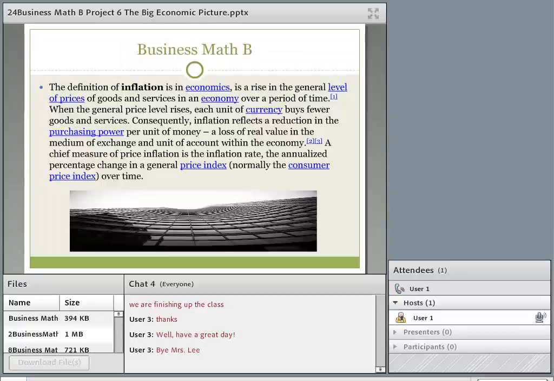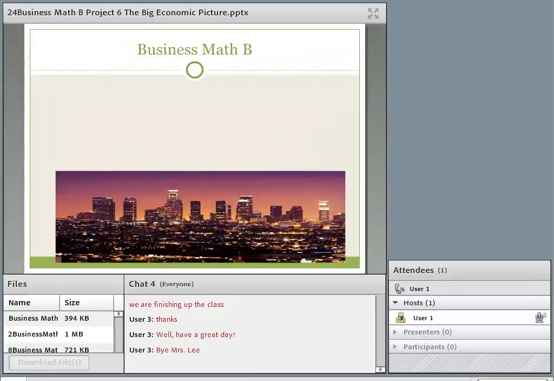So inflation reflects a reduction in the purchasing power of our money or currency. So the way they measure inflation is what's called the inflation rate, and it's a percentage change over time. Okay? So that'll give you an idea of the three: GDP, gross domestic product, CPI, consumer price index, and inflation. Those are three ways we look at the economy. Okay?